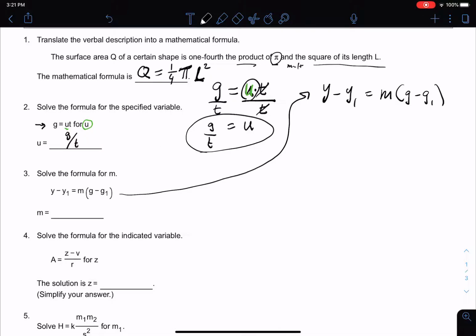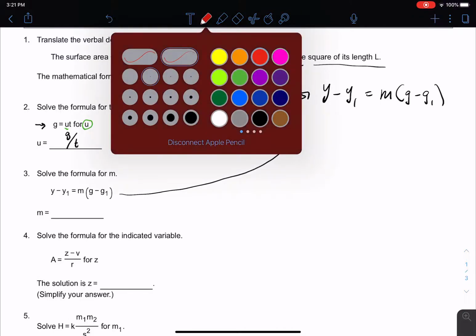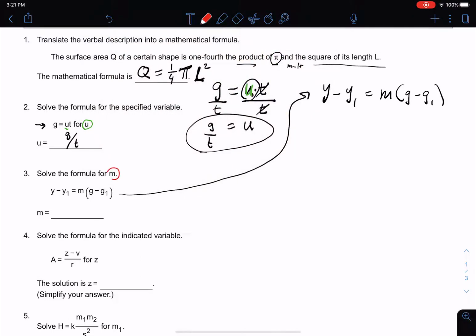Okay, so now in this particular problem, how about if I use some red? They're saying solve for m. So we're trying to think of m as your variable, and everything else needs to be put on the other side. We need to isolate. What you can see here mathematically, when you have a variable next to a parenthesis, that is multiplication. So that red m and everything in this parenthesis is being multiplied.